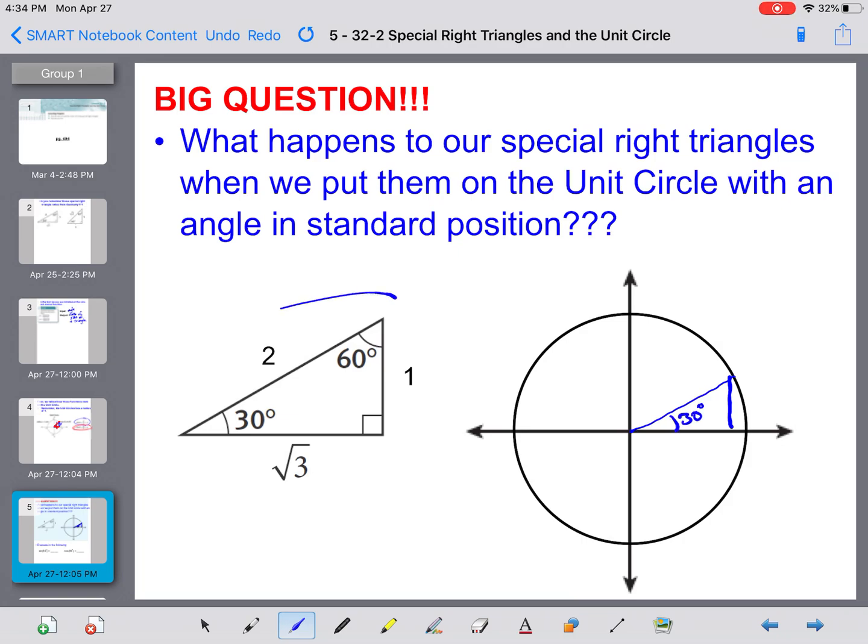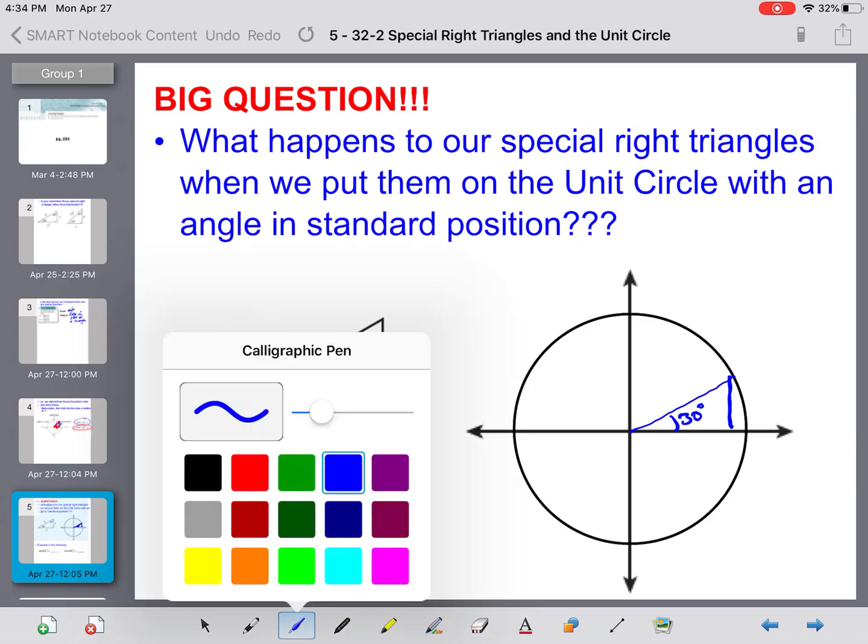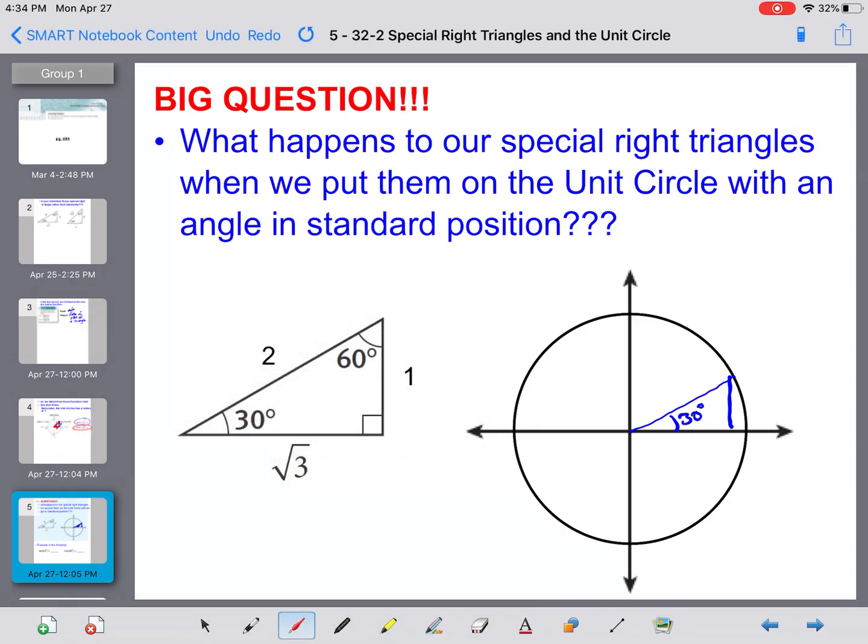Okay, so remember, no matter how big or small we make this triangle, the ratios stay the same. All right, but because we want to put this on the unit circle, which has a radius of 1, we want that 2 there to turn into a 1, right? So the easiest way to get from 2 to 1 is to divide everything by 2.